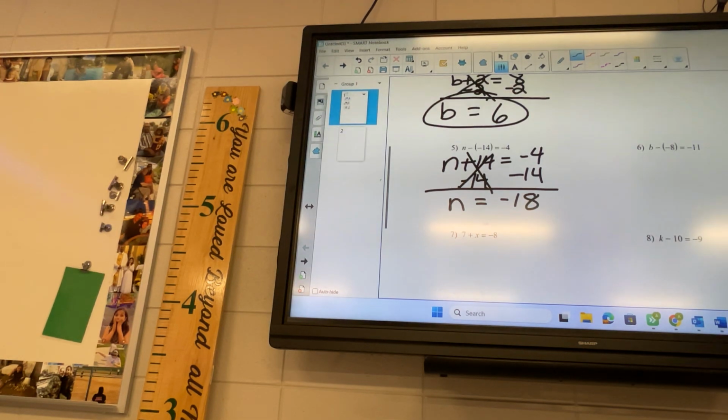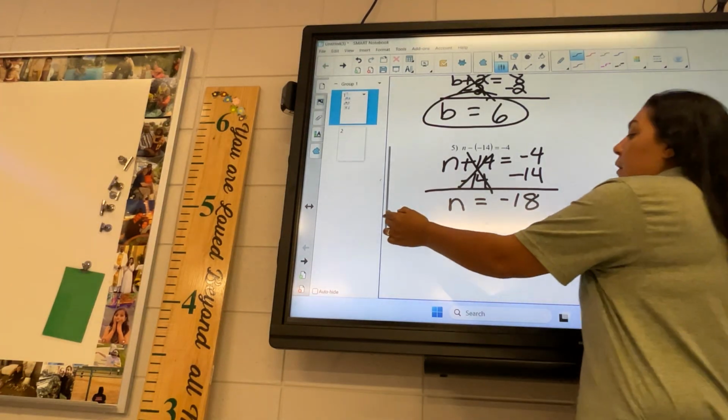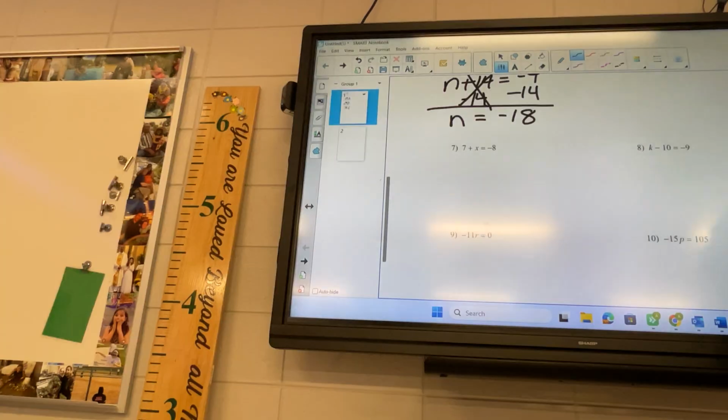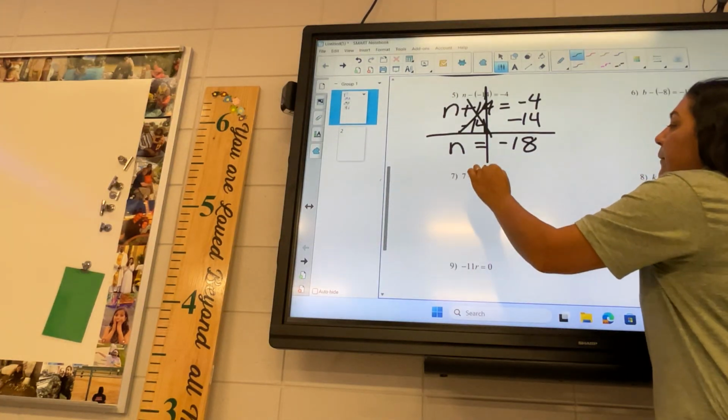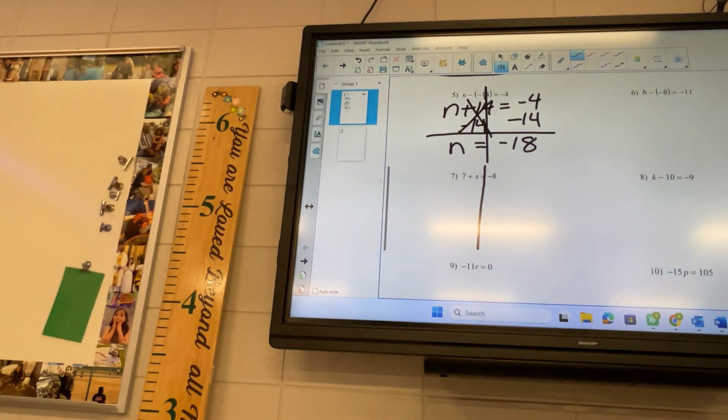Look at number 7. This is where the wording doesn't change, but when I'm talking about what's closest to the x, they're both kind of close to the x, since the x is right in between. So what I always say is, if you were to draw a line down where the equal sign is, what is on the x's side?